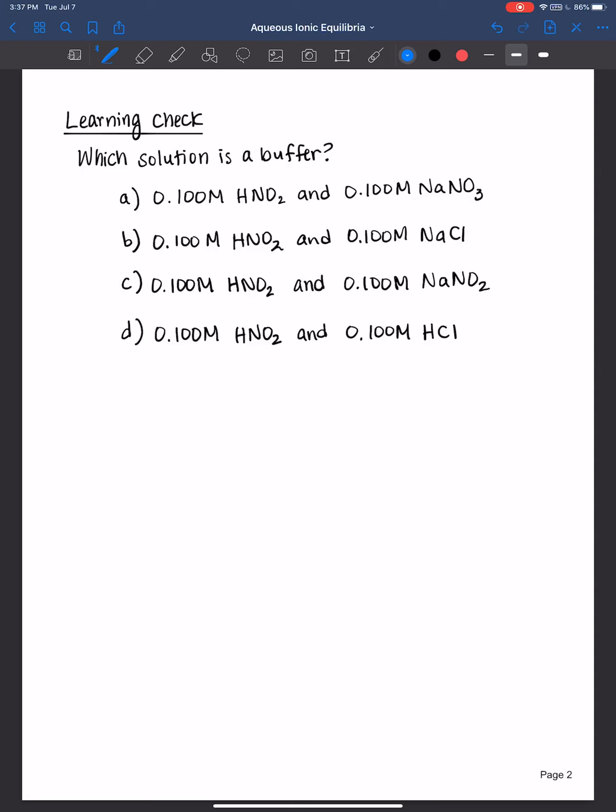Excellent. The answer is C. Now let's talk about why A, B, and D are not the correct answers. So A is not correct because nitrate is the conjugate base of nitric acid, HNO3.